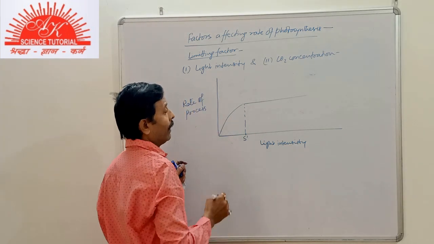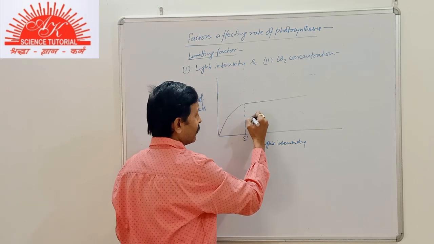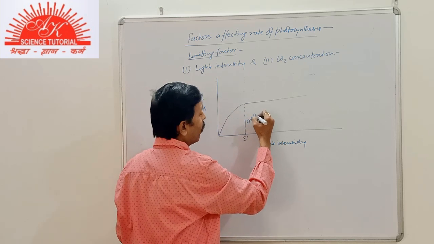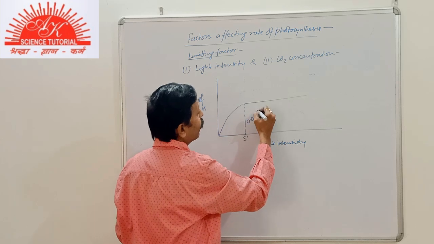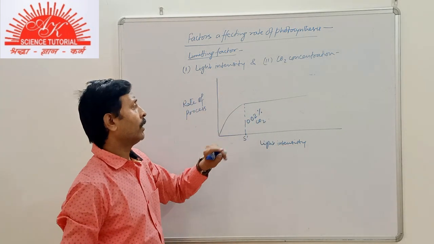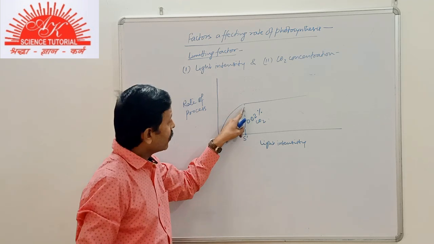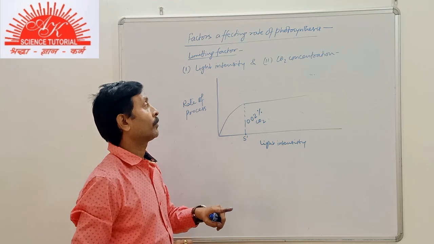This is the rate, it will become constant. At that time actually the normal concentration of CO2 was 0.02%. This is the normal concentration, it is not changing. It becomes constant at that time.